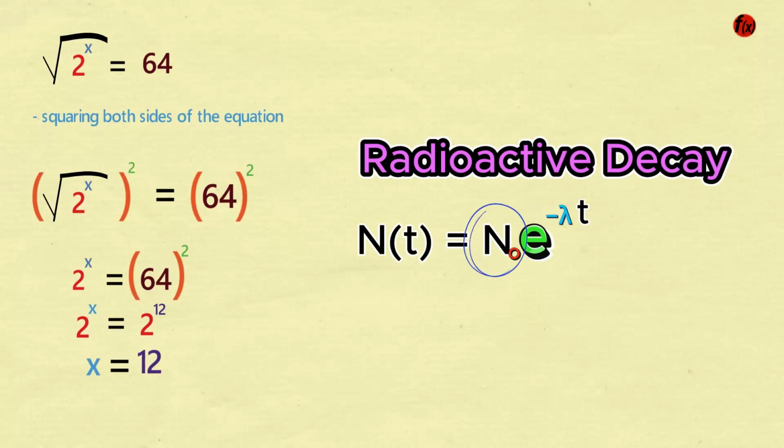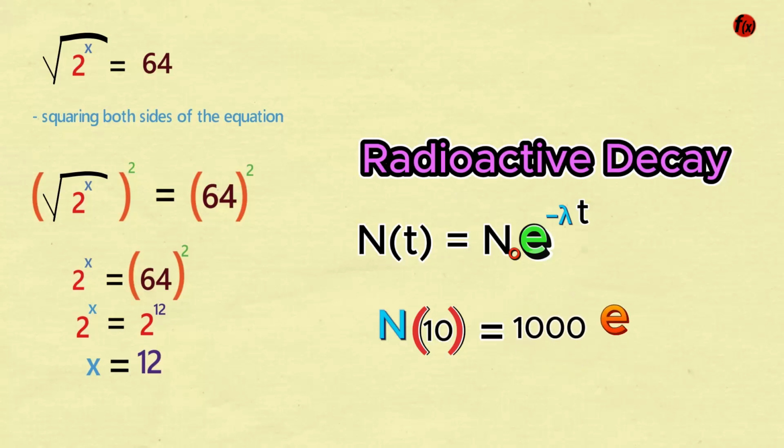N0 is the initial amount of radioactive substance. Lambda is the decay constant. T is the time. For example, if a radioactive substance starts with 1,000 grams and has a decay constant of 0.01 per year, the amount remaining after 10 years would be N10 equals 1,000 e raised to the power negative 0.01 times 10.